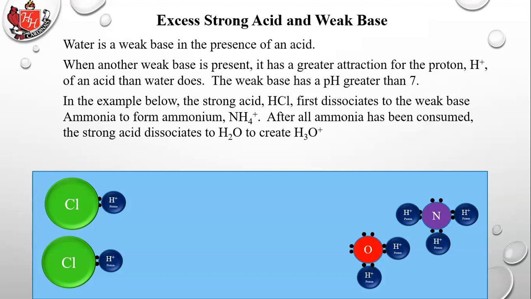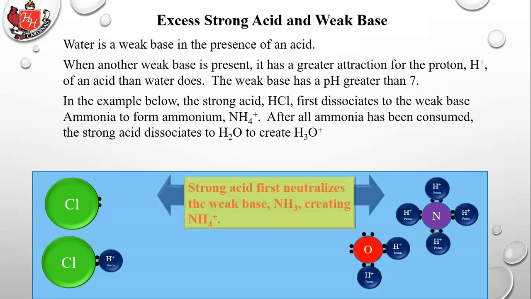In the example below, the strong acid HCl first dissociates to the weak base, ammonia, to form ammonium, NH4+, with that additional proton. After all the ammonia has been consumed, the strong acid dissociates to the water, H2O, to produce hydronium ions. So there goes the first proton. It goes over to the weak base to form its conjugate acid, which differs by one proton from ammonia.